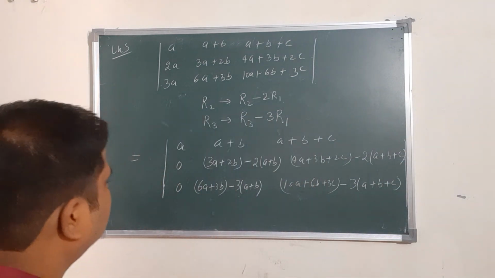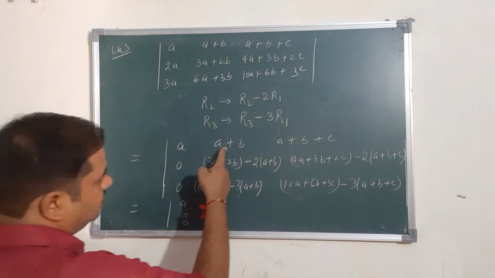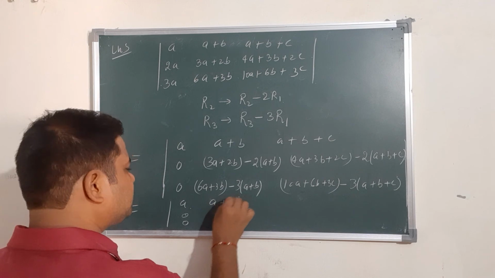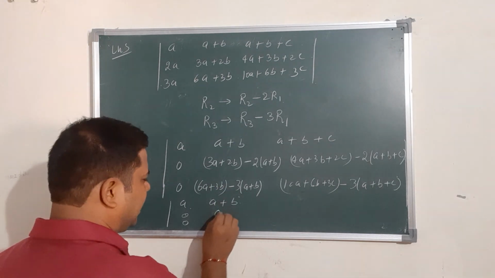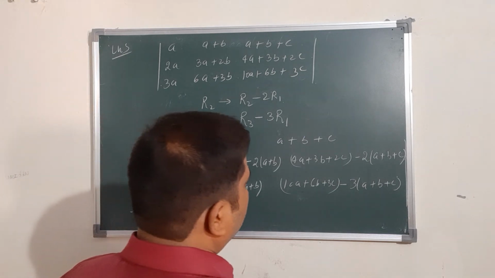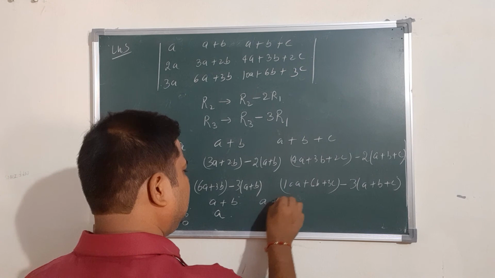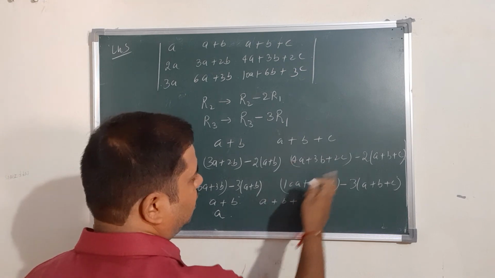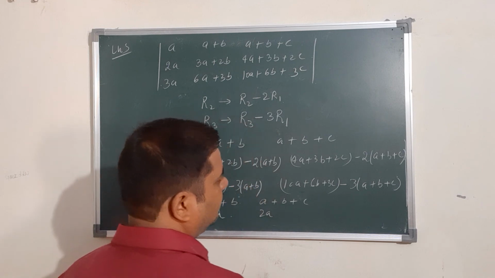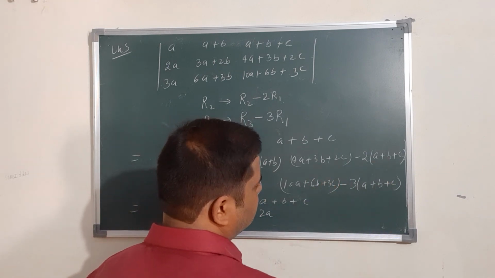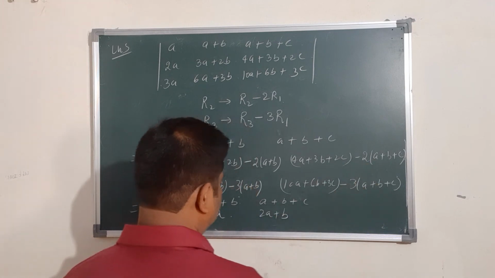We will get A plus B plus C, 0, 0, then 3A minus 2A gives A, and 2B cancels; 4A minus 2A, 2A, and 3B minus 2B, B, 2C minus 2C cancels out.